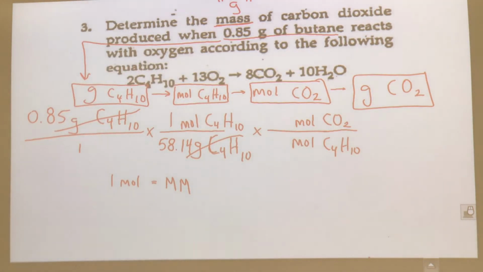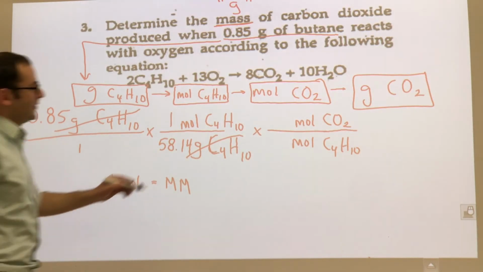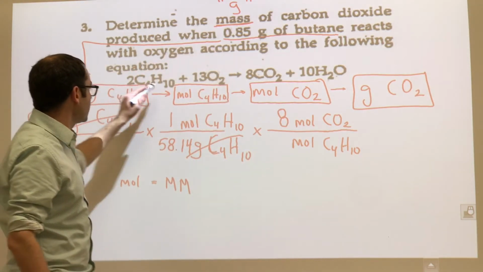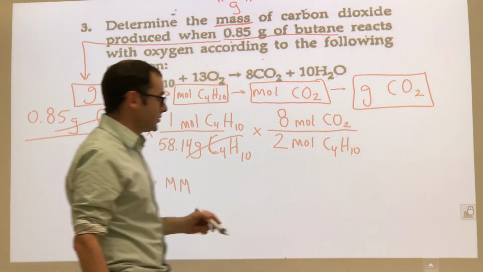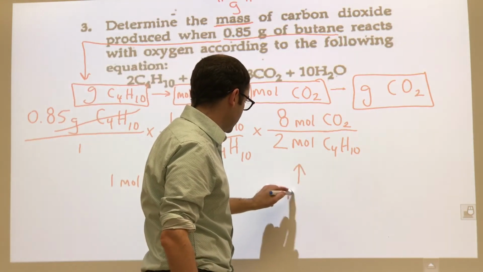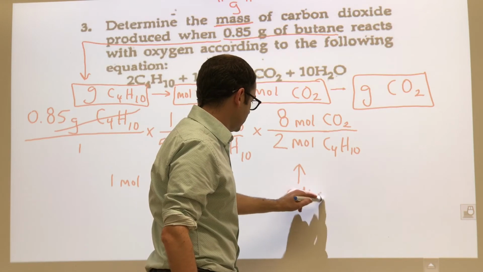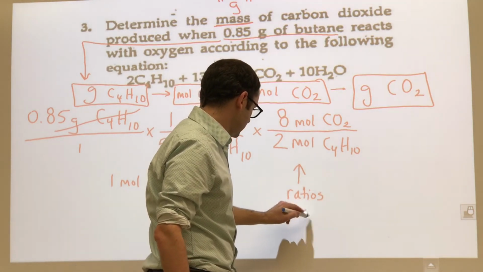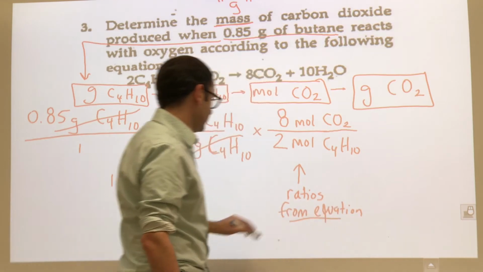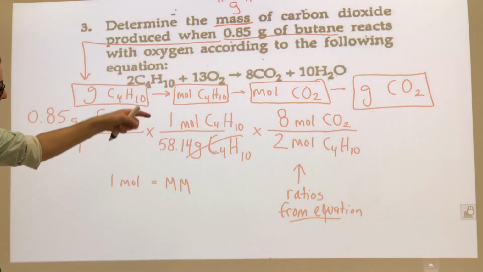What's the number for CO2? Good, yeah, it's 8. And then on the bottom, C4H10 is going to be 2, right? So this is the step where you use the ratios, all right? From the equation. Okay, so we have the 8 and the 2.